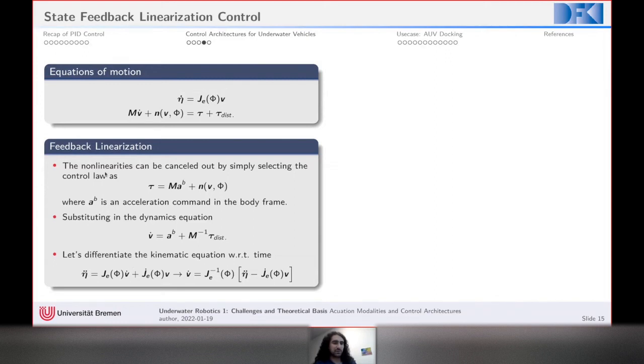So if we differentiate, first of all, the kinematics with respect to time, since we want to calculate the acceleration in the inertial frame, which is this eta double dot, it is basically just the chain rule.